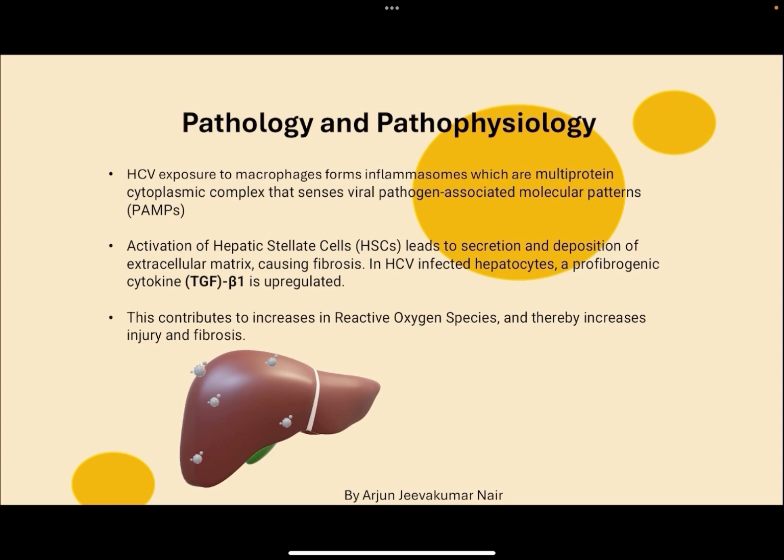Activation of hepatic stellate cells, HSCs, leads to secretion and deposition of extracellular matrix, causing fibrosis, also known as scarring. In hepatitis C virus infected hepatocytes, a profibrogenic cytokine, TGF beta 1 or transforming growth factor beta 1, is upregulated, which contributes to increases in reactive oxygen species and thereby increases injury and fibrosis.